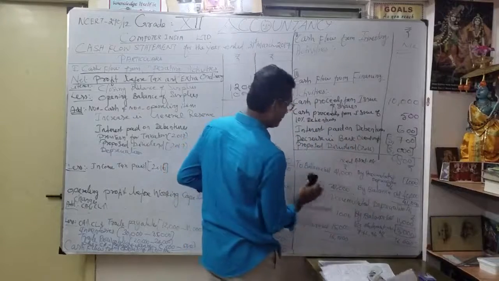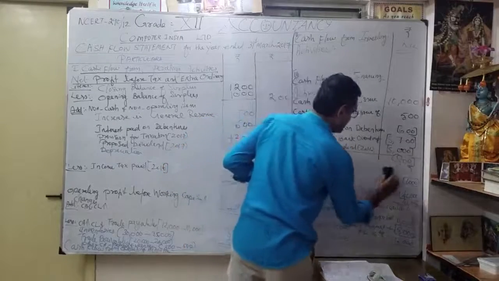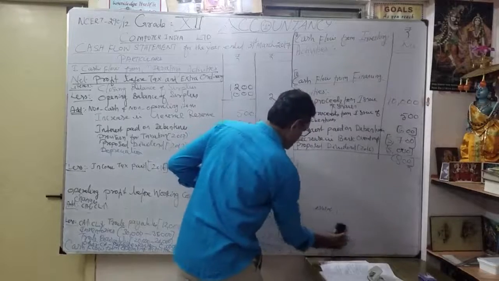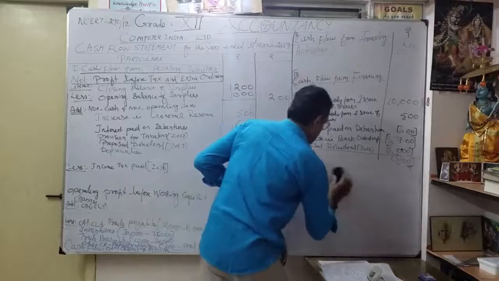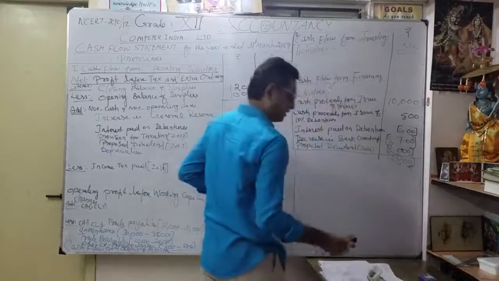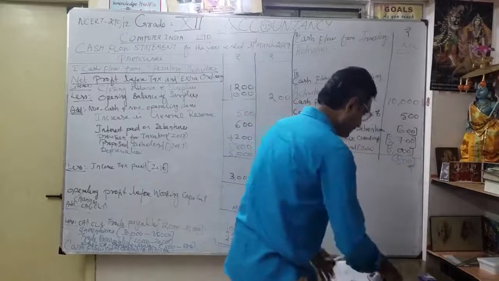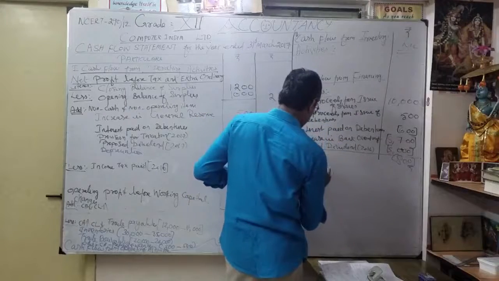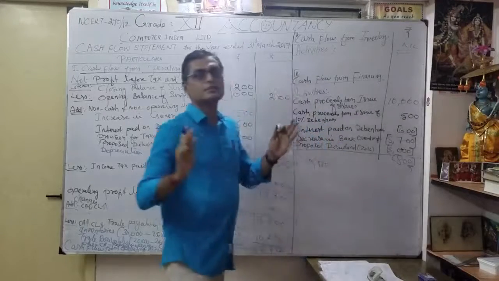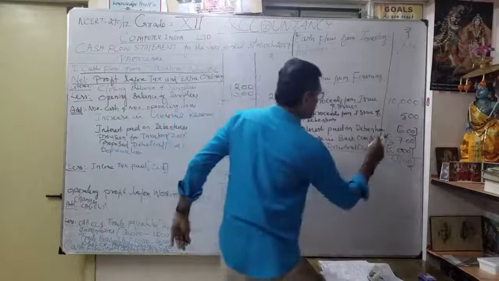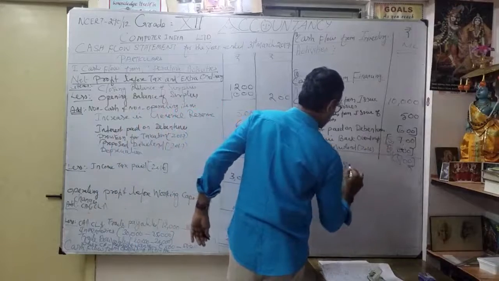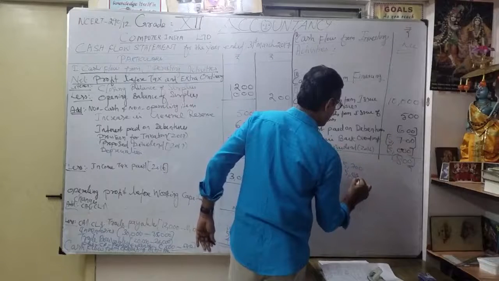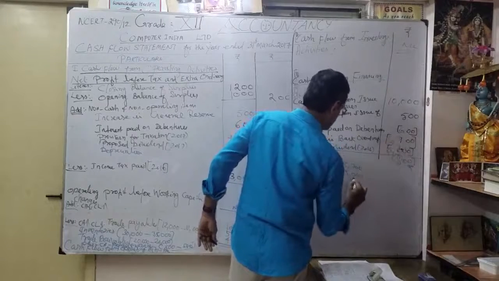I understood this ledger account, right? See here, how's that? Our 10,000, then 500. Okay, so 10,500 cash inflow. Our outflow is what? 5,700, then 5,000, then this 600.